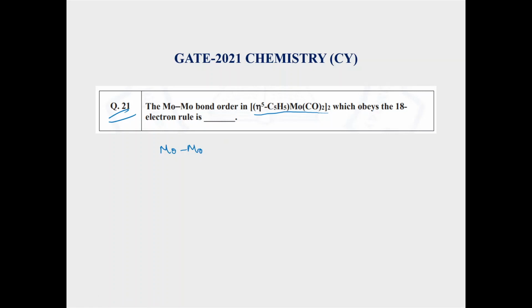If the compound has in total 18 electrons, it is said to be the most stable compound, and we see if it follows the 18 electron rule by counting the valence electrons. So now you can calculate the total number of valence electrons for this complex.